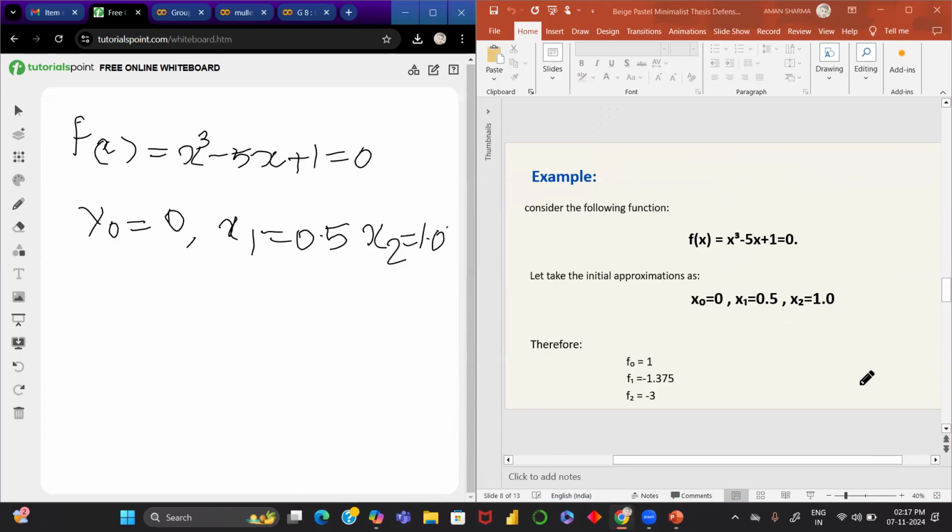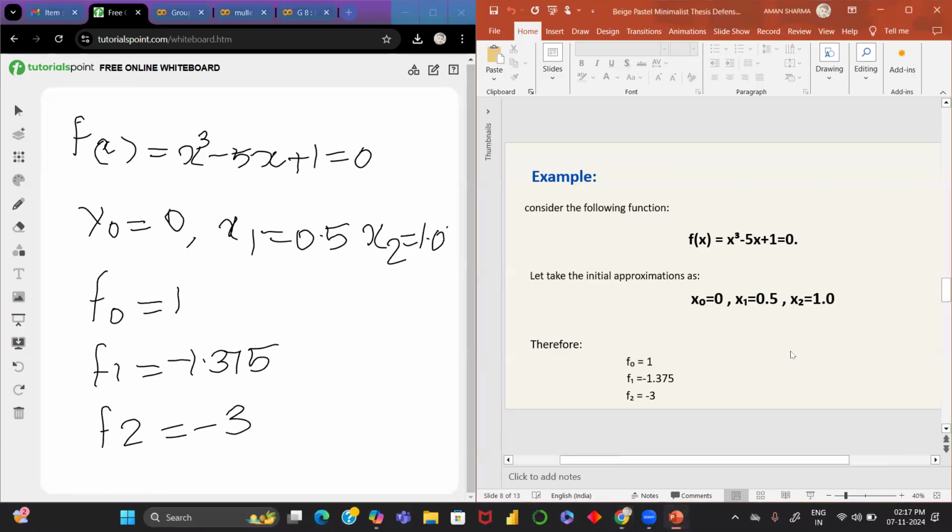So firstly, we find the values of the function at these points. So f of 0 equal to 1, f of 1 equal to minus 1.375 and f2 equal to minus 3.